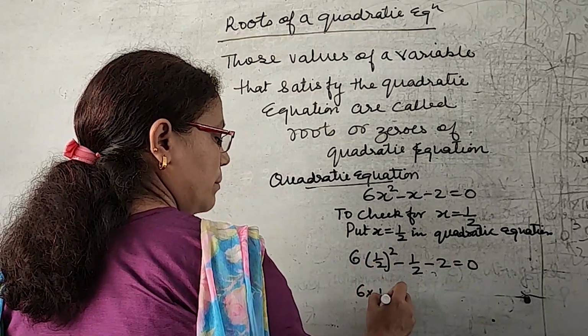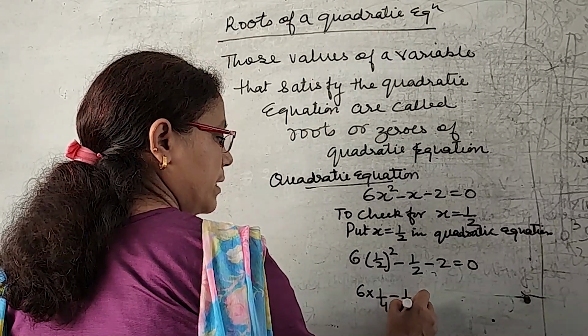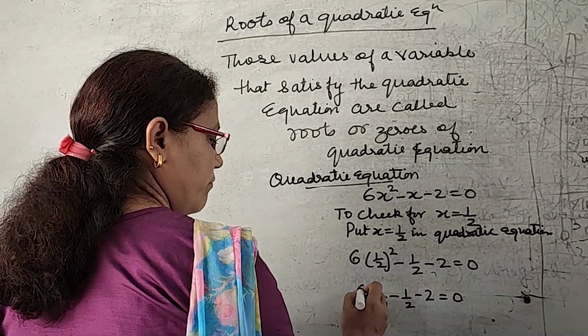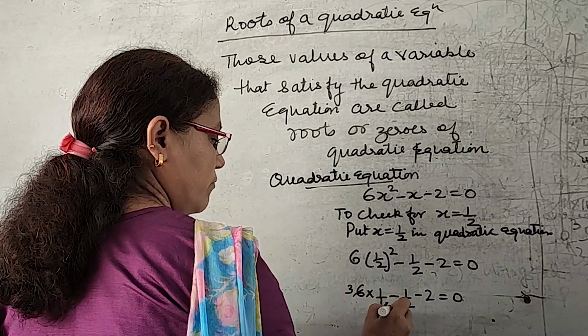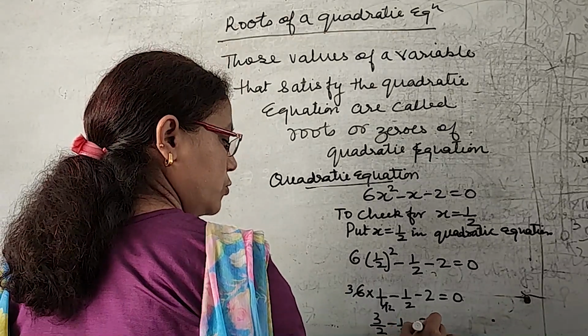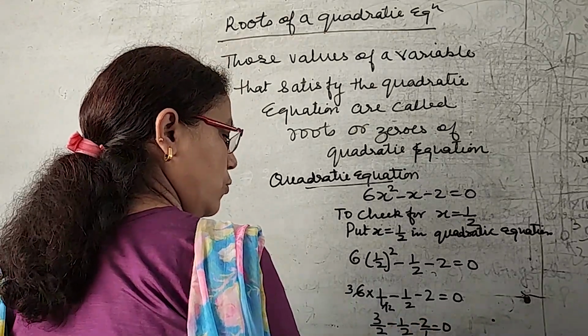6 into 1 by 4 minus 1 by 2 minus 2 equal to 0. So it will give 3 by 2 minus 1 by 2 minus 2 equal to 0.